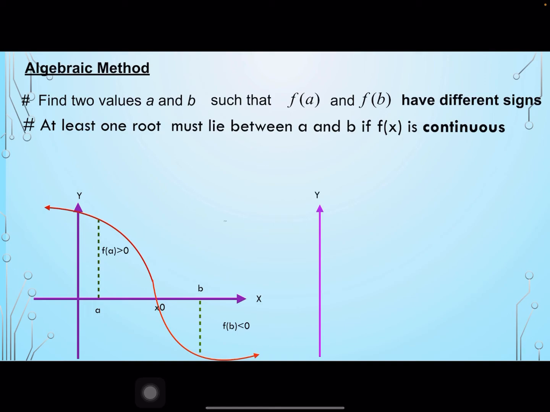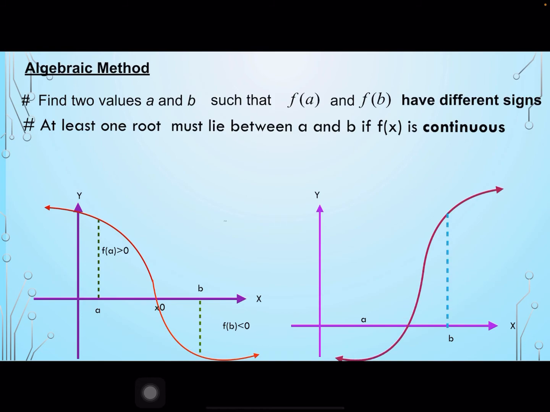And in another case, we can consider this curve. We have a and b, so we have the curve, and then now f(b) and f(a). This f(a) is negative because it is below the x-axis, and f(b) is positive because it is above the x-axis.